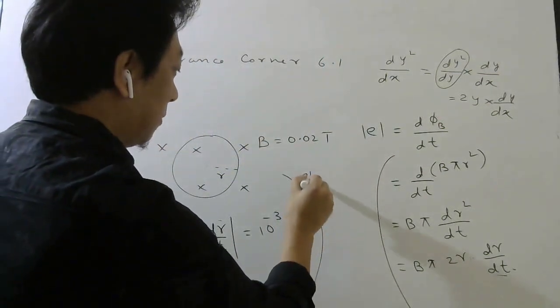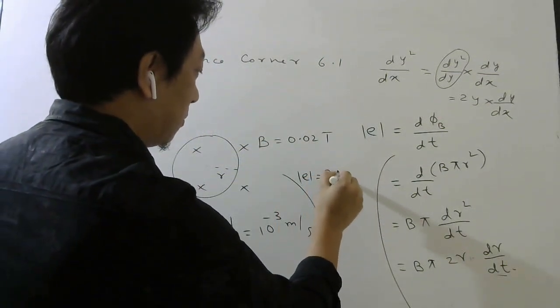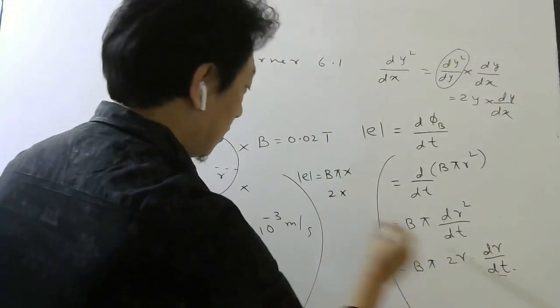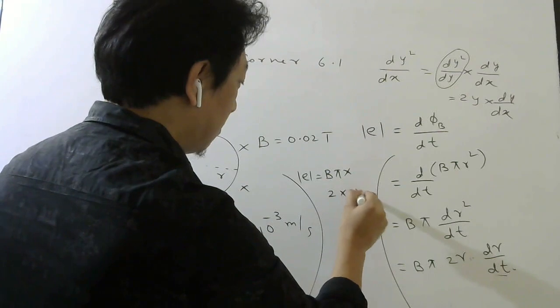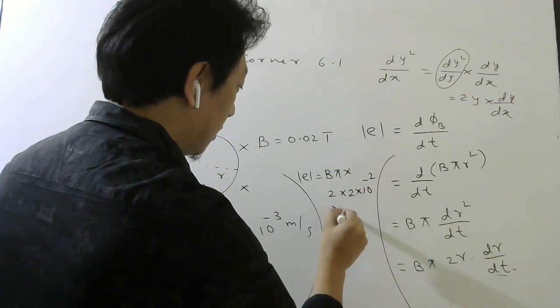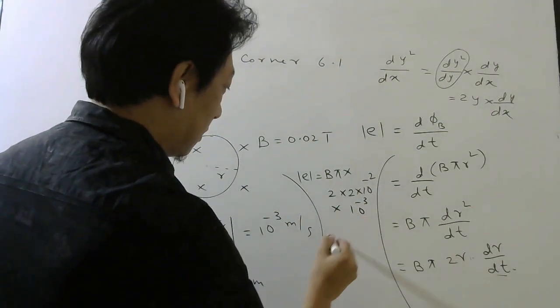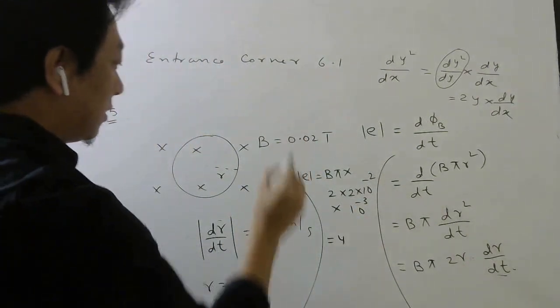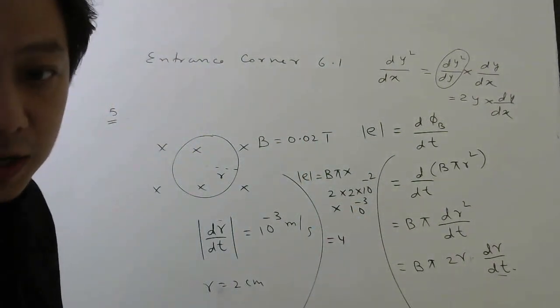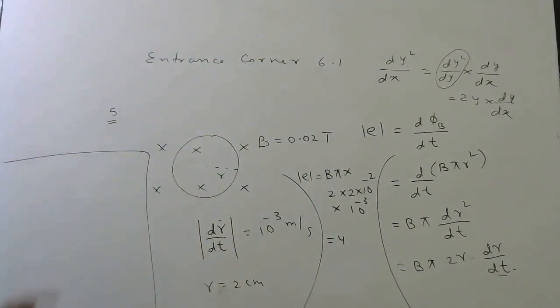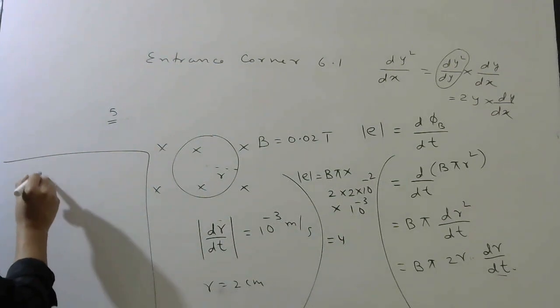So EMF will be equal to B into π into 2r, with 2 into radius 2 centimeter meaning 10 power minus 2, into dr/dt which was given as 10 power minus 3. B is given as 0.02, right? So I can use this space for the EMF.